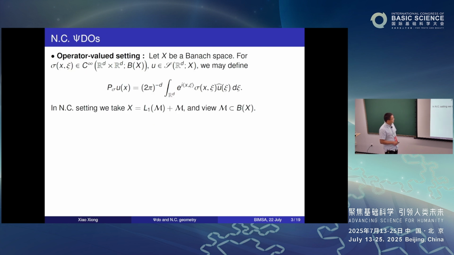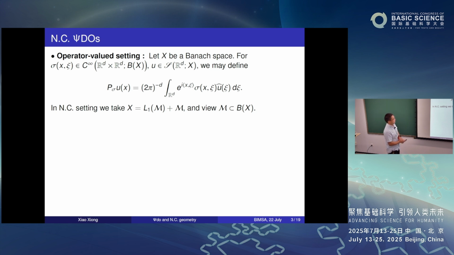Today we are going to talk about the non-commutative setting. Of course we can do it this way. Imagine that we are given a good enough function u, but taking values in some Banach space.